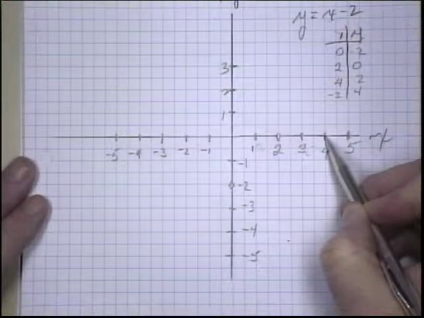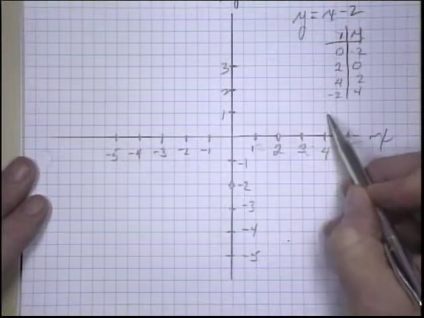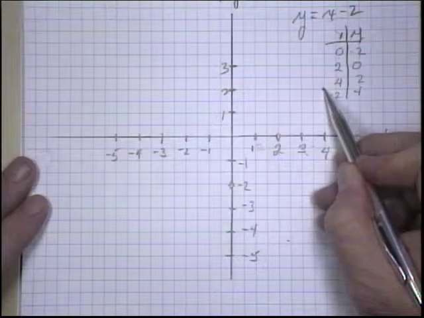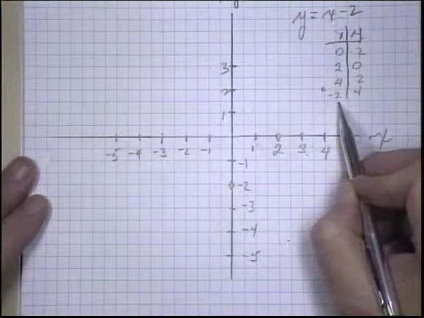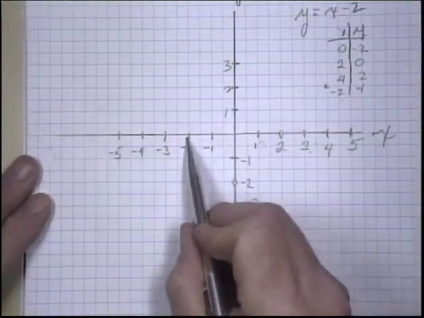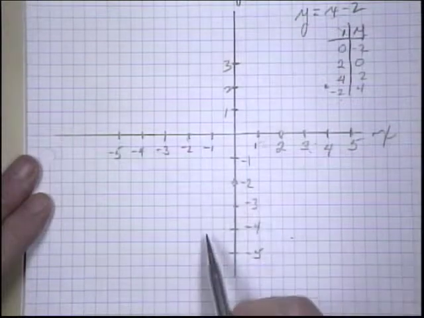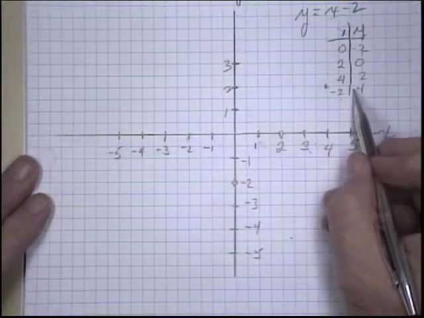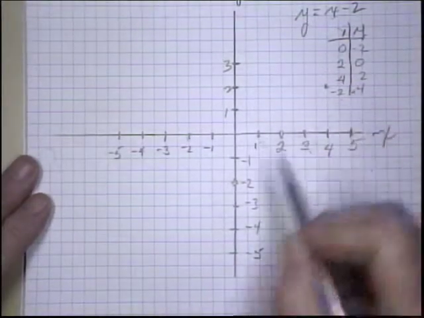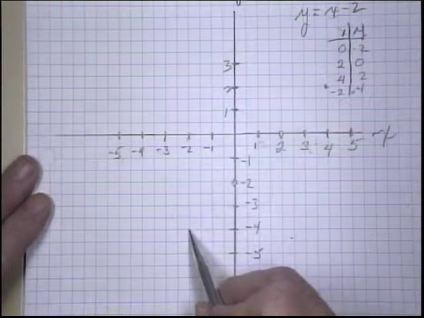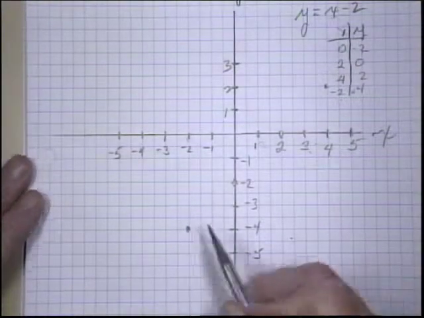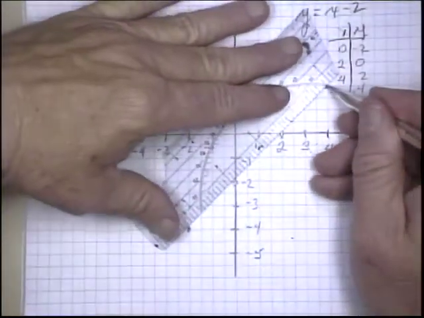Y equals 2, that would be up here, 1, 2. And the last one, x equals a minus 2, y equals, this would be a minus 4. I didn't put the sign in there. Y equals a minus 4 would be down here. So this is the boundary line for that inequality.